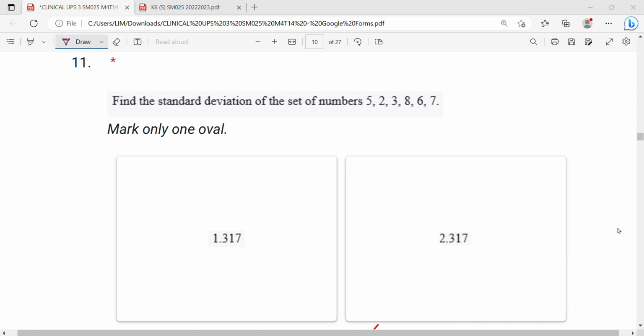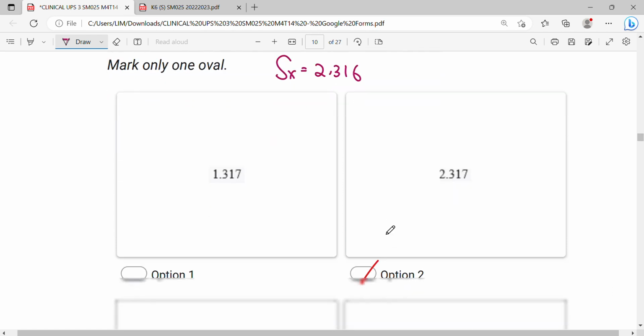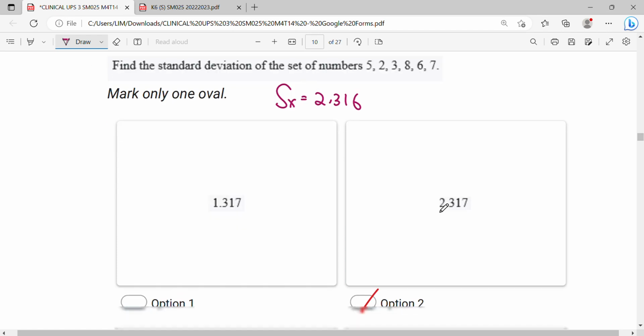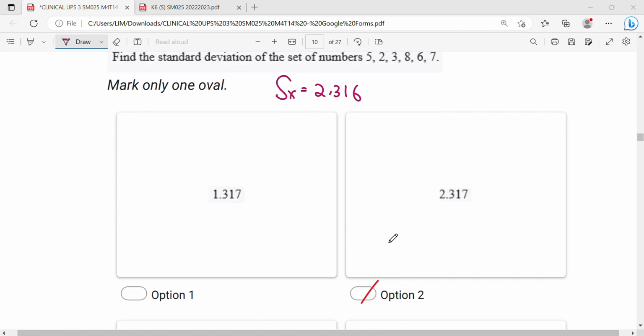Then AC, so it's 5 for option, standard deviation. Number 4. So 5 for this standard deviation for X. 2.366. So when we round, 66 becomes 7.